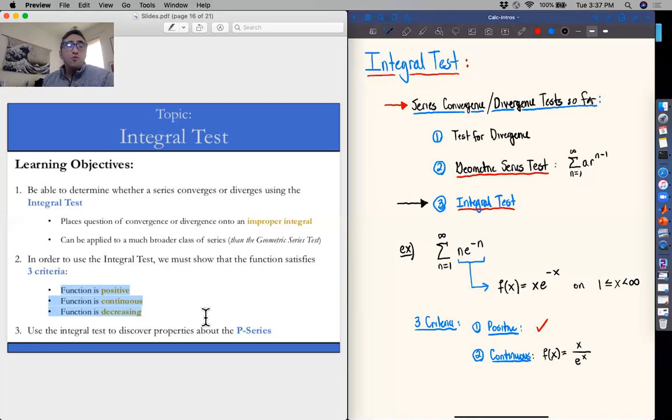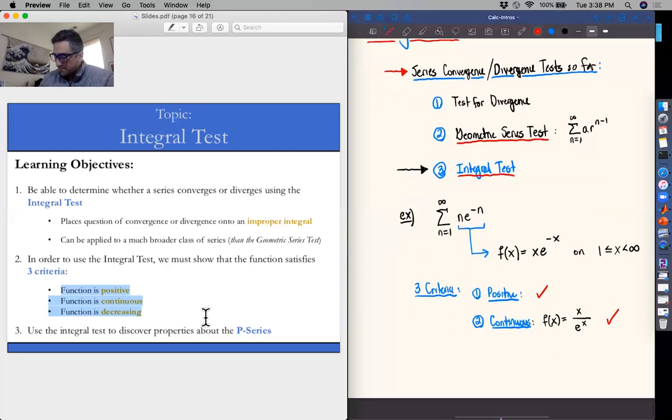And the only reason I'm doing this is when we're testing this for continuity, this function has no divide by zeros on this interval. So we don't have to worry about this ever being discontinuous. So it's going to pass this check as well. This function is continuous. We don't get any divide by zeros or things of that nature.